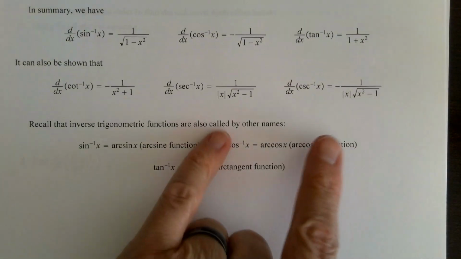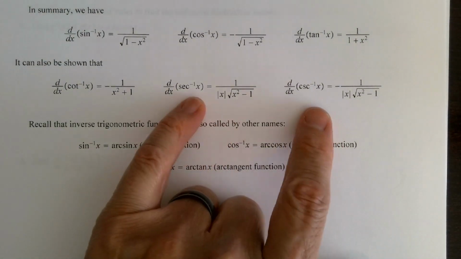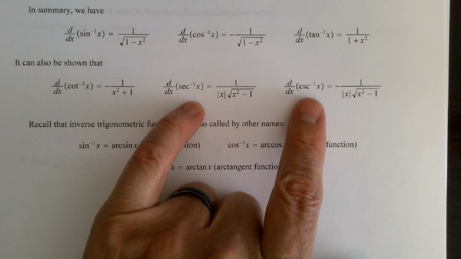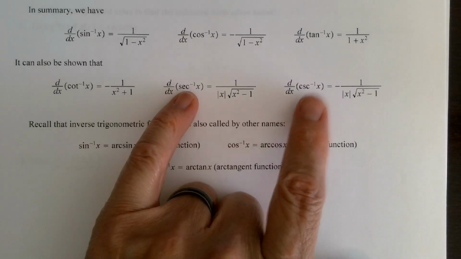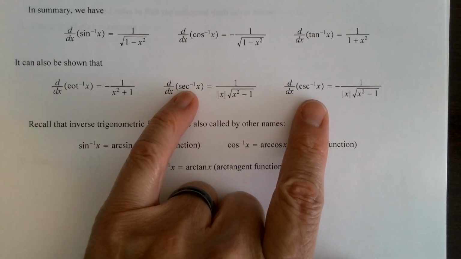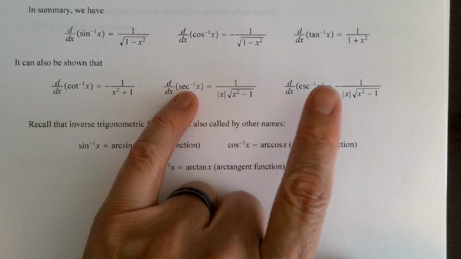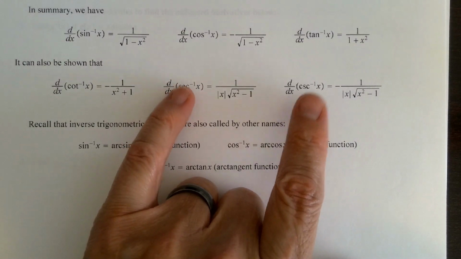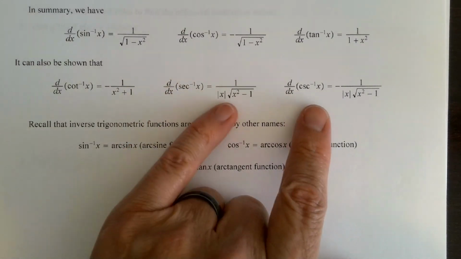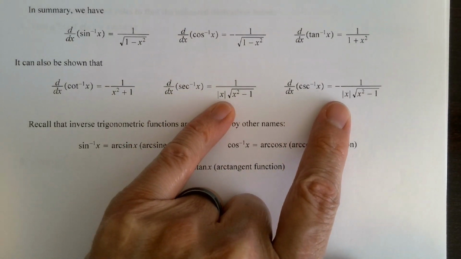And also I would say that the forms for the inverse secant and inverse cosecant can actually vary because it depends on how you define the inverse secant and inverse cosecant functions. There's different ways to restrict the domain of secant and cosecant to define their inverse functions, and so the derivatives can look slightly different. These have absolute value involved in them.